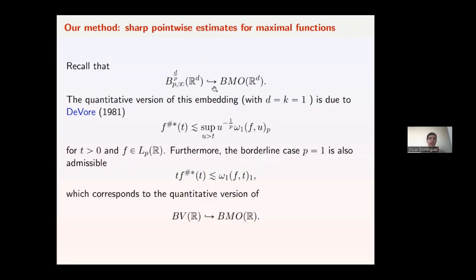This is a, say, qualitative result, but now we are interested in the quantitative version of this embedding. Or in other words, we are looking for pointwise estimates involving the sharp maximal function and the moduli of smoothness. And in the special case that we are dealing with a one-dimensional setting and with smoothness 1, Bourdaud was able to obtain this very nice inequality.